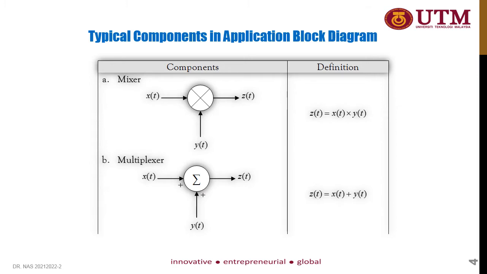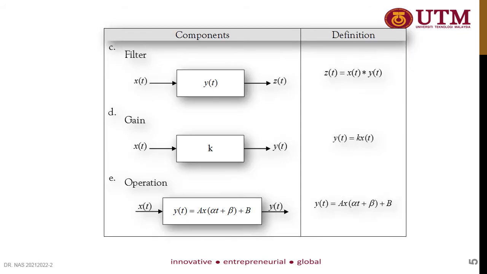So for example, the mixer or a multiplier, multiplexer, that's basically adding or performing a summation of multiple signals. And then a filter, when you have an input being convolved with an internal signal, and then gain, when the amplitude of the input signal is being scaled up or amplified, and lastly when it involves multiple operations.